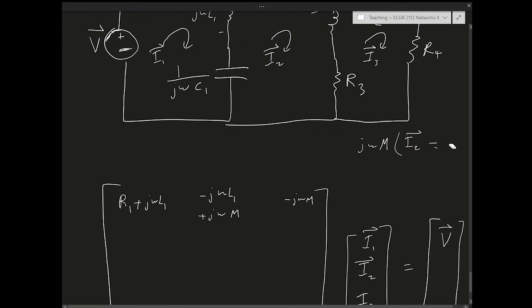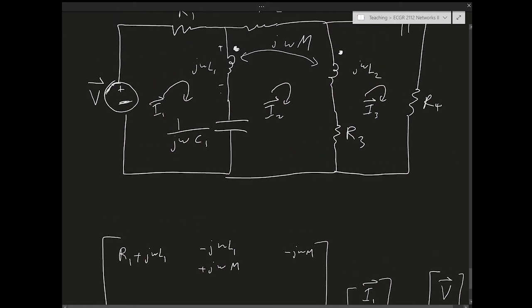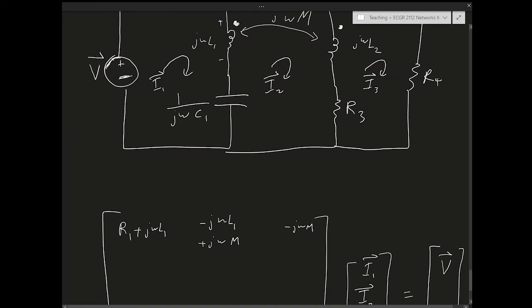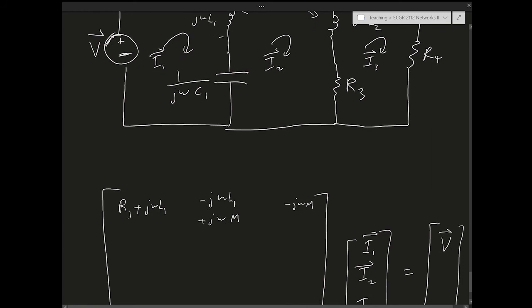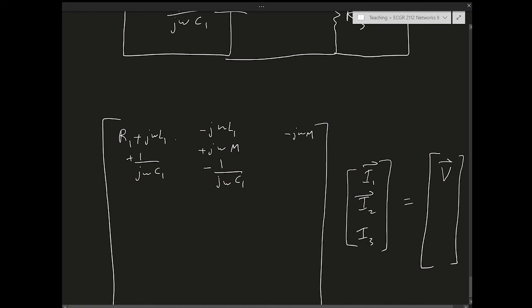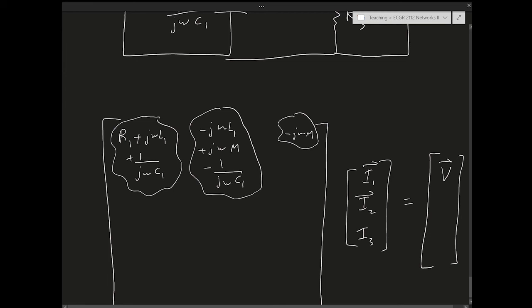Okay, so I already populated this, and then I have the last element, which is the capacitor, which is going to be 1 over j omega C. So it's going to be plus 1 over j omega C1, but there's an I1 minus I2 here going into the capacitor, so I have minus 1 over j omega C1 in the I2 slot, and I already populated all three elements of the first row instantly without writing the equations.